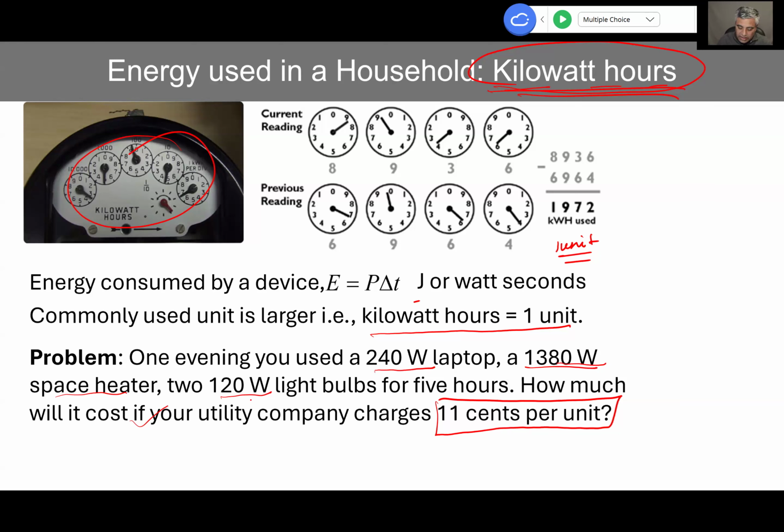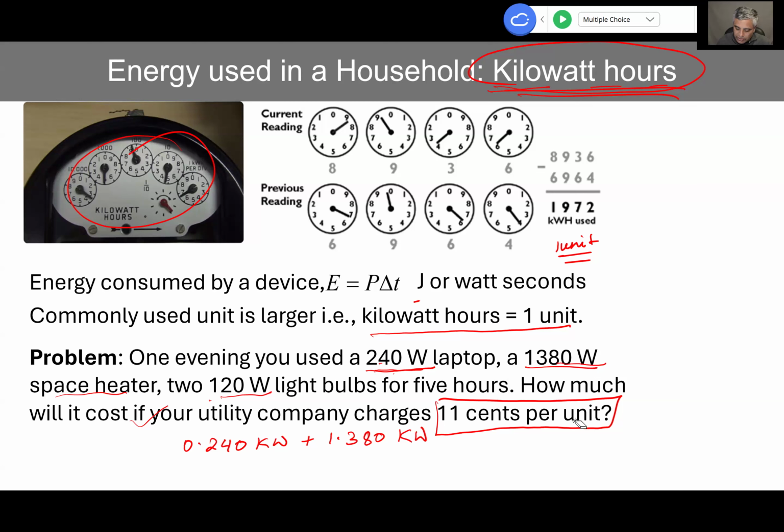So now here, what's happening? You have this 240 watt. So if you want kilowatt, you can convert this to kilowatt right away. So for example, one is going to be 0.240 kilowatt, right? And then another one is going to be 1.380 kilowatt.